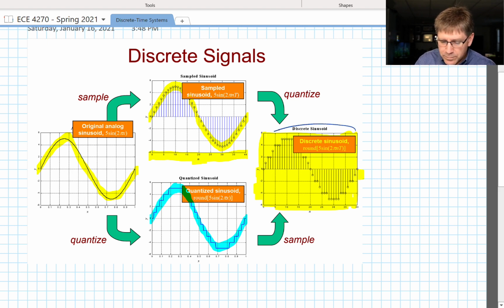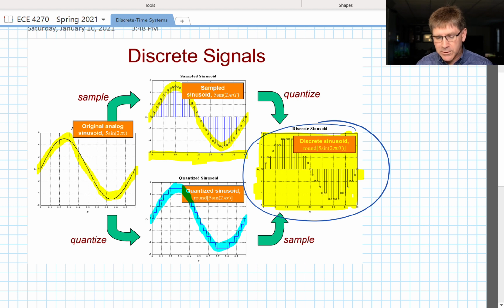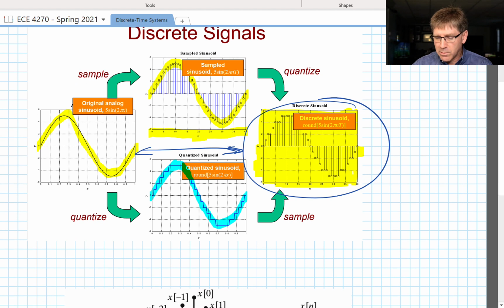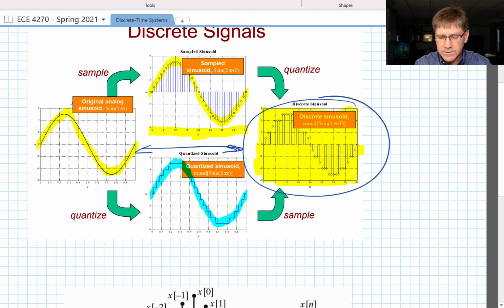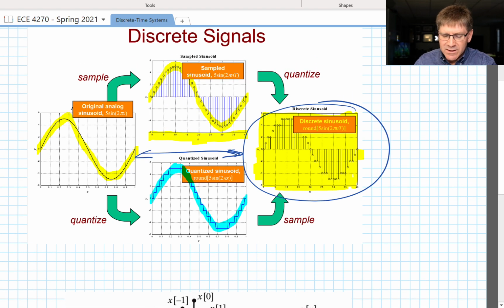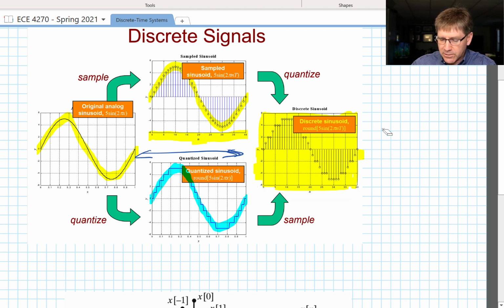So we will spend most of our time here, but we really want to know how that relates back to our original analog signals. And spoiler alert, although you've probably run across this in an earlier course, if certain conditions are met, we can go from this discrete signal back to the continuous signal quite easily and very accurately.